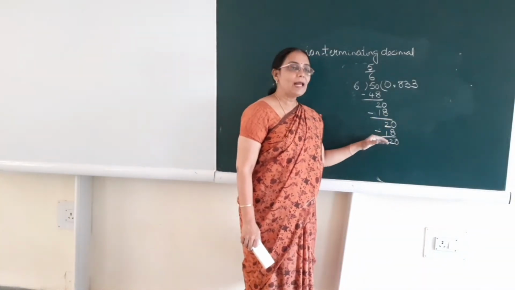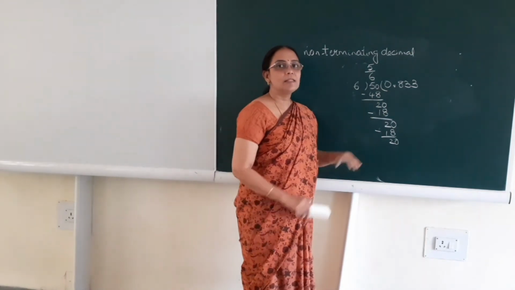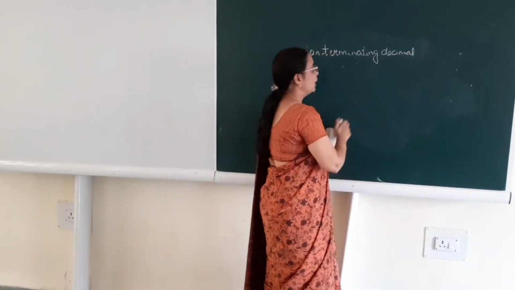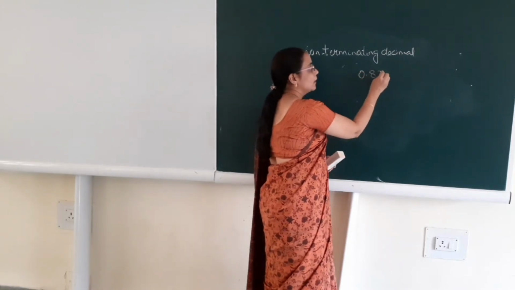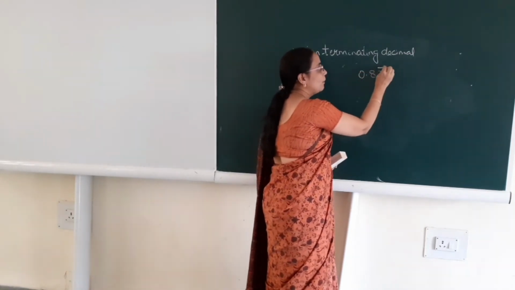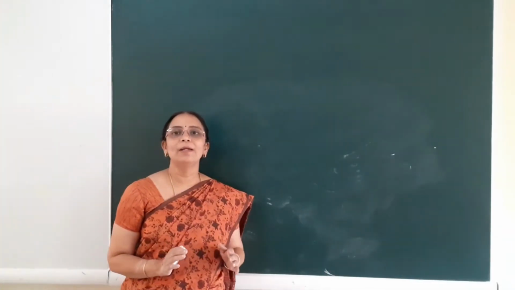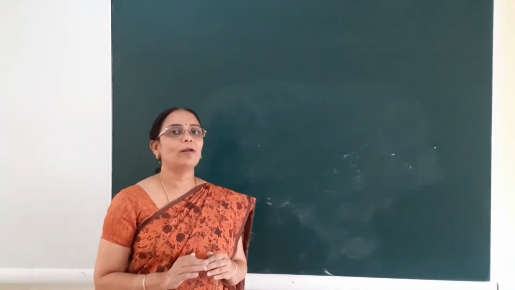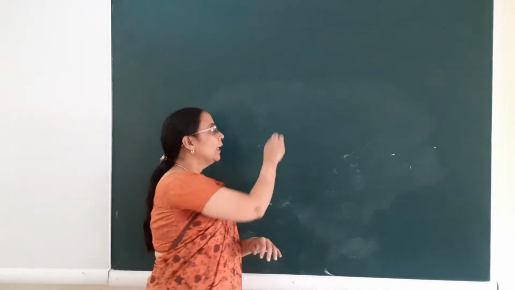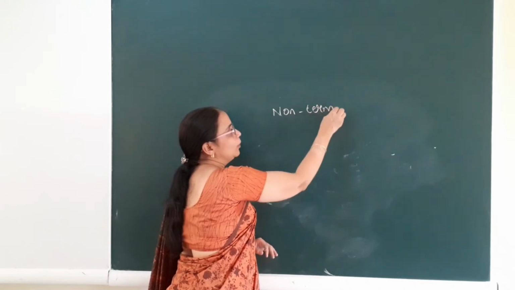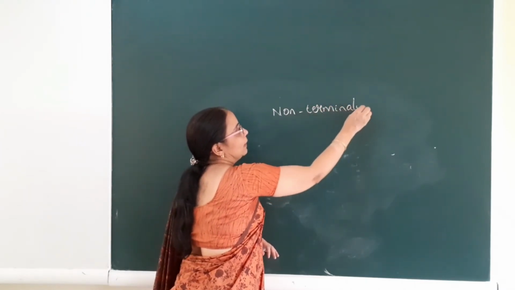So now how can I write this 0.833 in decimal form? If anybody writes like this, 0.83 and put a bar over the 3. Non-terminating decimals. We will have more discussion on non-terminating decimals right now. Non-terminating decimals, for example, I write two examples here.